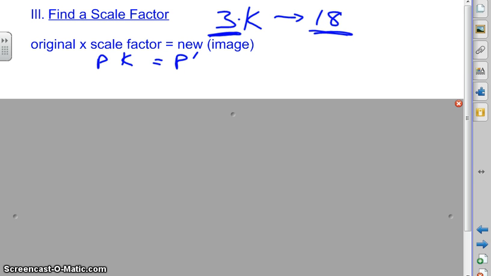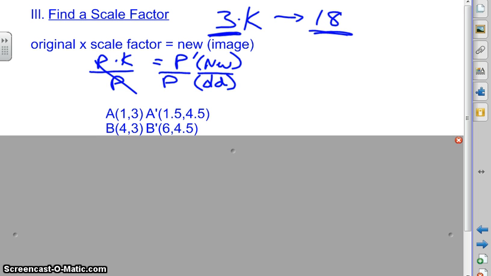If I wanted to get K all by itself, what would I have to do? Divide by P. So we would divide both sides by P, and we have K equals the new, see this? The new, the image over the old, doesn't it? And your book writes that out in big long words, okay? So if you want to know the scale factor, you can find it by dividing the new number by the old number. So let's see how this works with a segment.